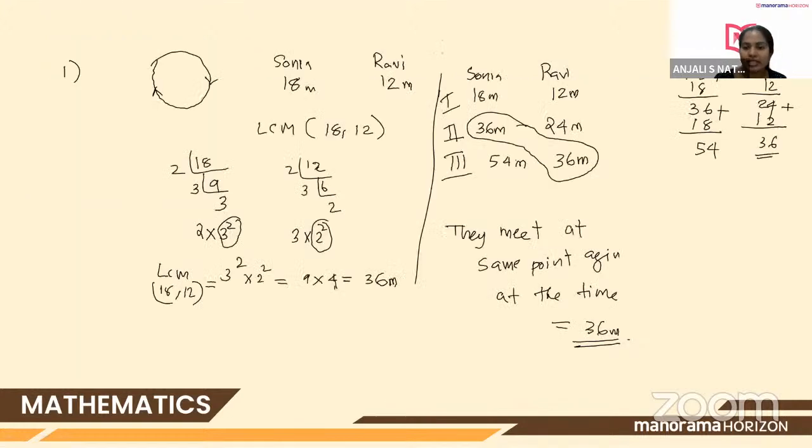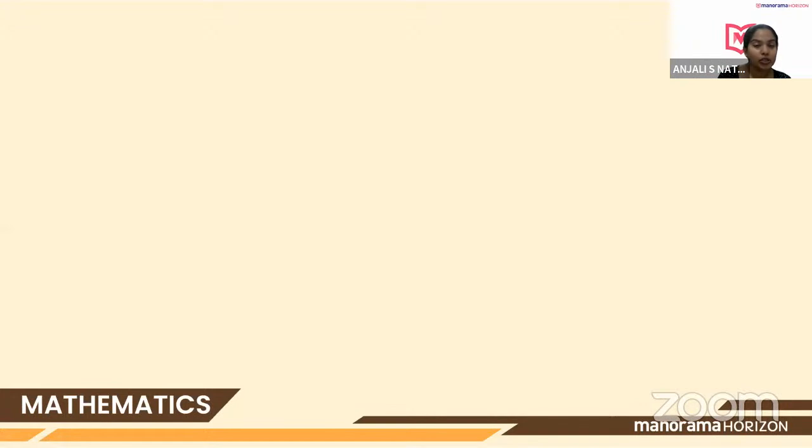I already told you, for arrangements, we have to find the HCF. So we have to find the HCF of 96, 240, and 336.